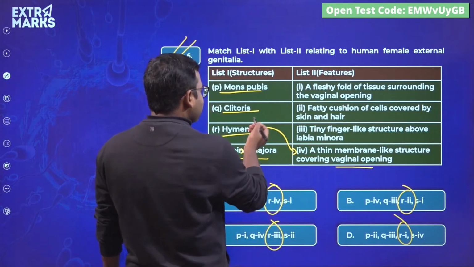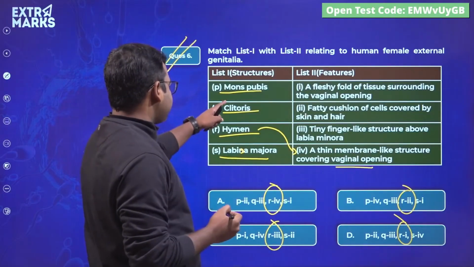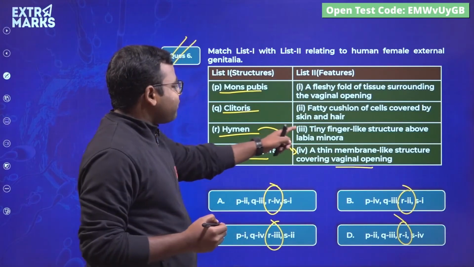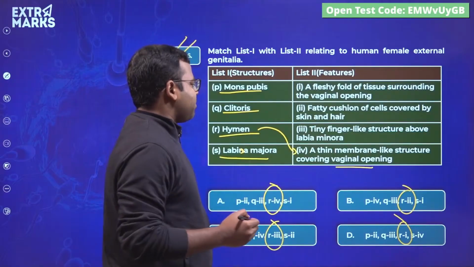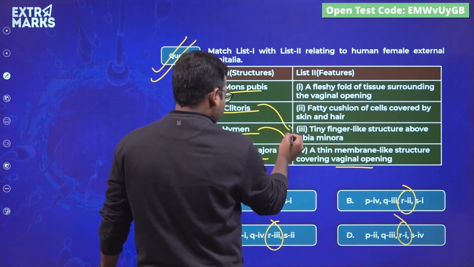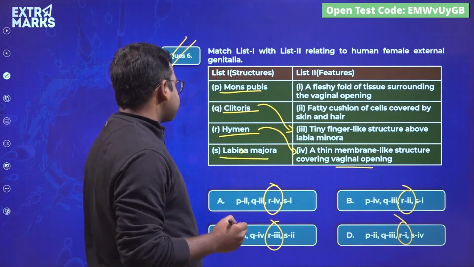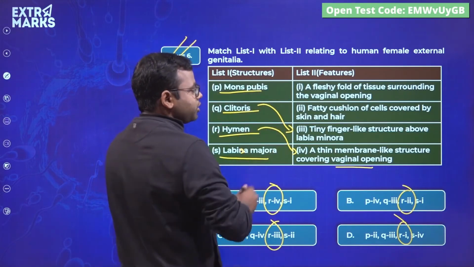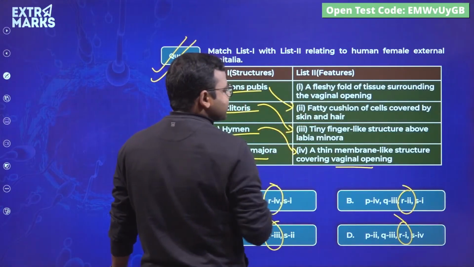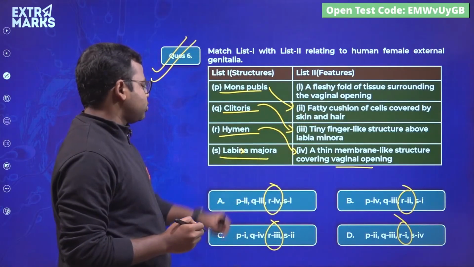Now let's talk about clitoris. So what is basically clitoris? Clitoris is a tiny finger-like structure above the labia minora. So Q is going with 3, right? What is this mons pubis? Mons pubis is basically a fatty cushion of cells covered by skin and hair. So P is going with 2.